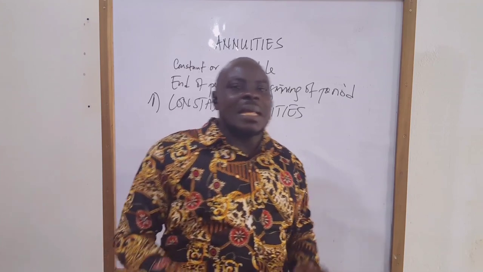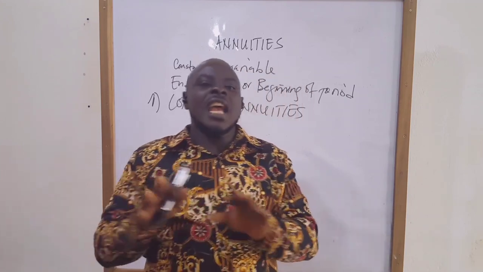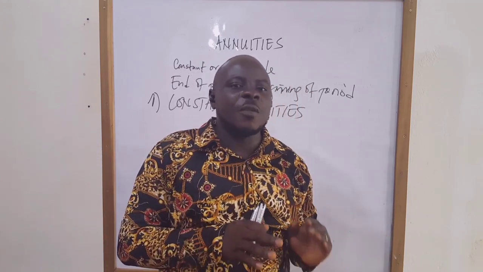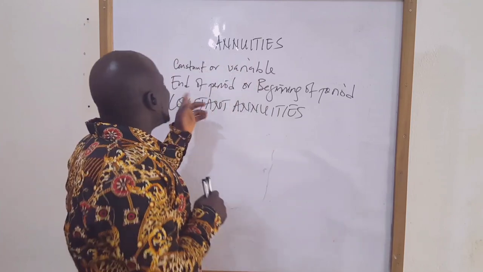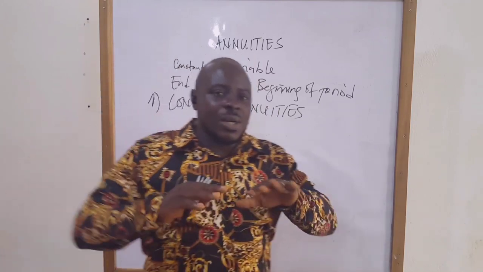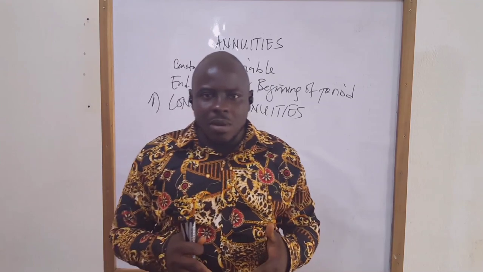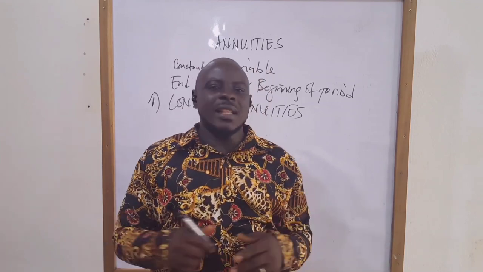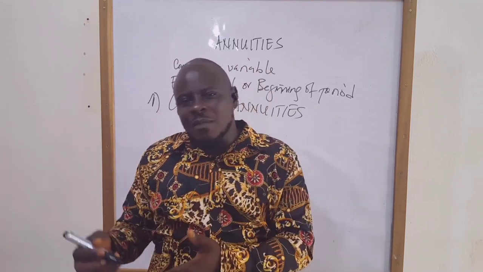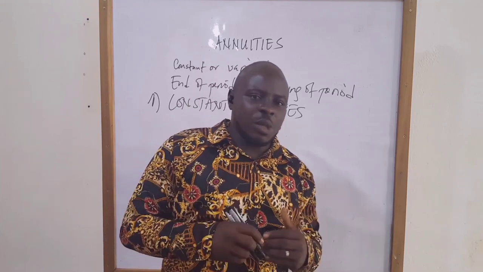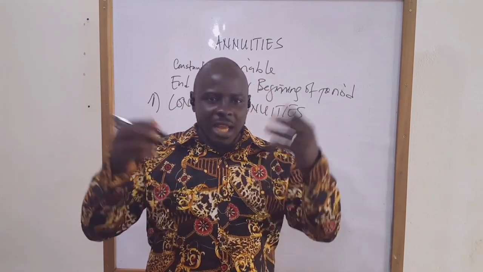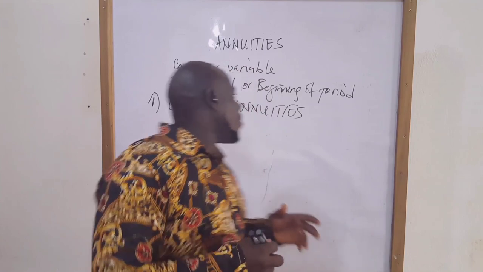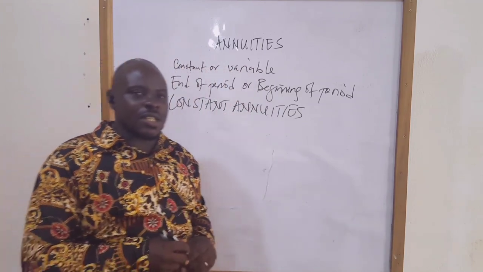But being constant, it may be at end of period or beginning of period. Annuities being variable, to ease our study, we will assume that they are constant either in arithmetic progression or in geometric progression. That will be seen in later videos. For now, we are working on constant annuities.